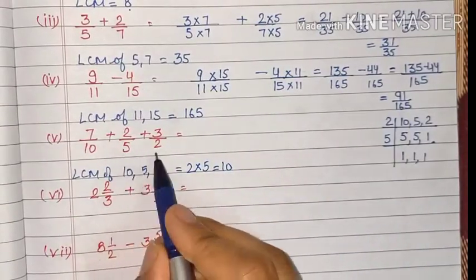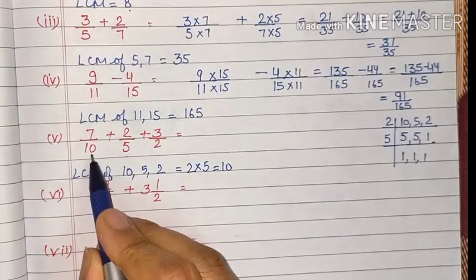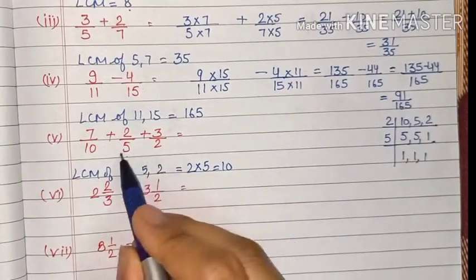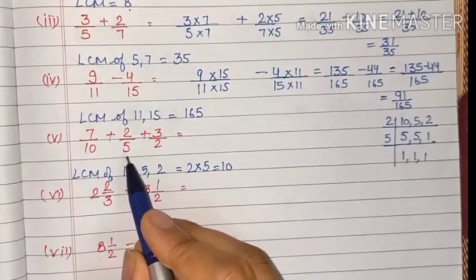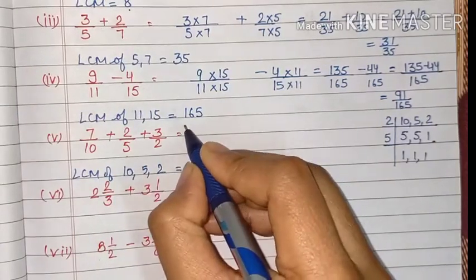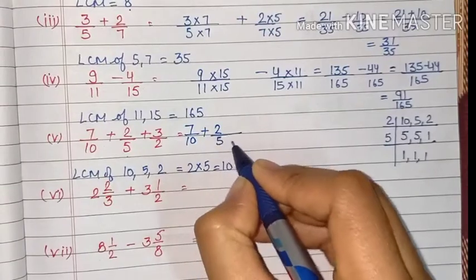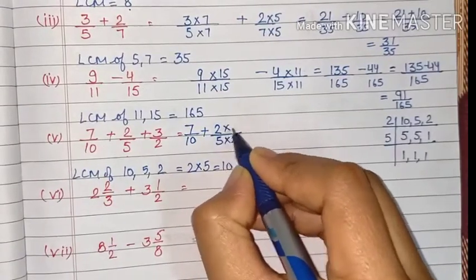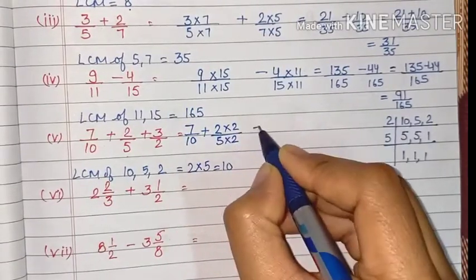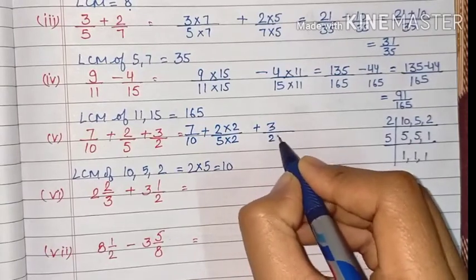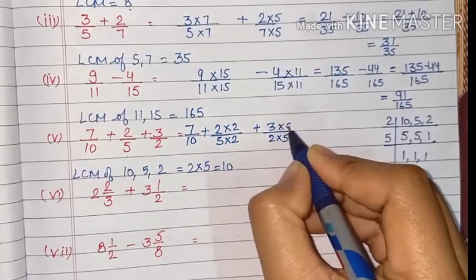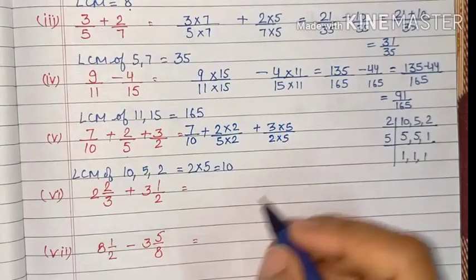Now we will write these fractions. It already has the denominator 10. Now we will make these fractions equivalent to a fraction with the denominator 10. So for that, we will multiply 2 by 5 with the 2, because 5 twos are 10, and 3 by 2 with 5, so that we can have the denominator 10.